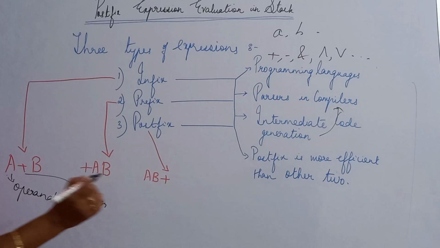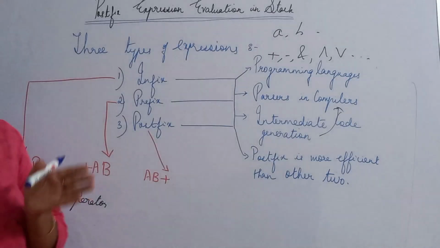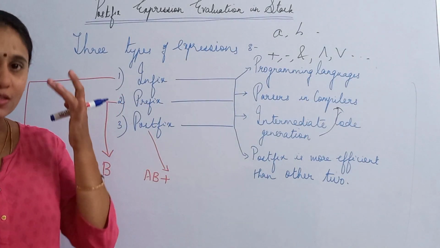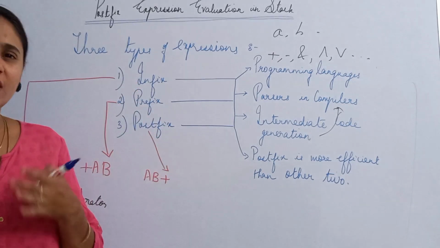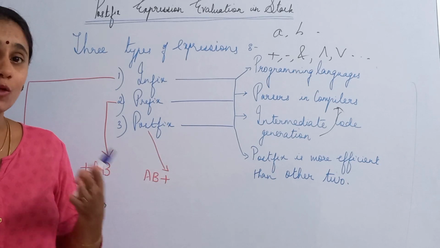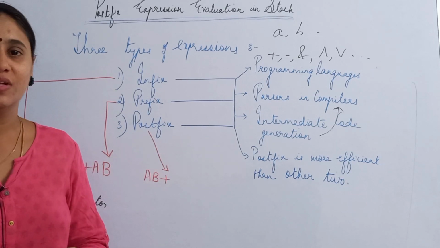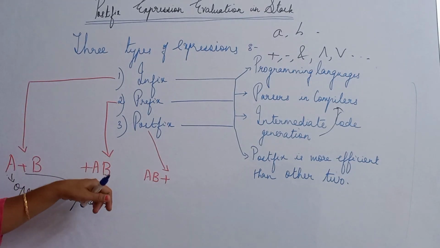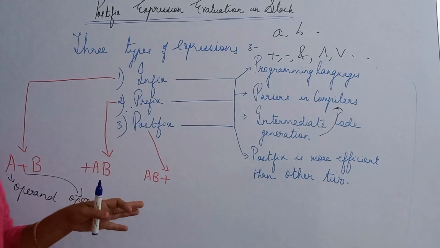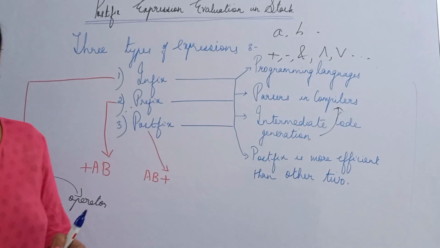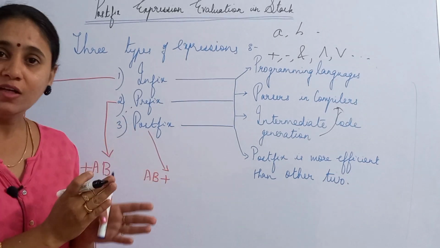Very easy. If you go on reading these concepts and recalling them, you will feel it is very easy. Data structures is a very important and very easy topic, friends. Next you see, this is your prefix expression. In prefix, what is the meaning? The operator is going to come in front of the operands.